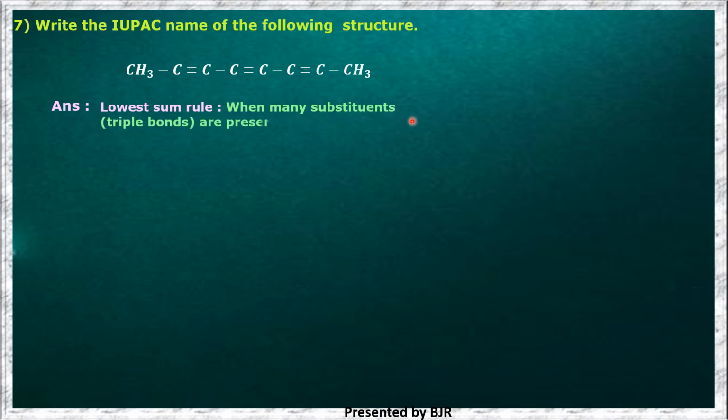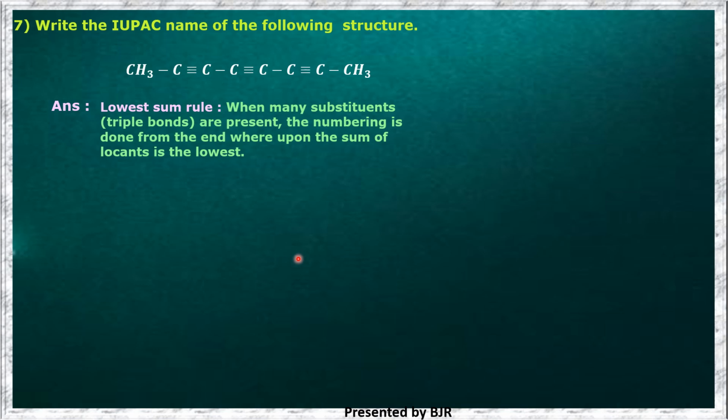When many substituents, that is triple bonds, are present, the numbering is done from the end whereupon the sum of locants is the lowest. So we can give the numbering to the carbon atoms in the chain either from left to right or from right to left, but we have to see that the sum of locants should be least.